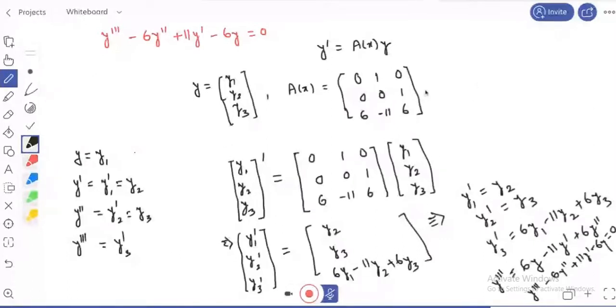So you can easily write this third order linear differential equation in matrix notation like this.